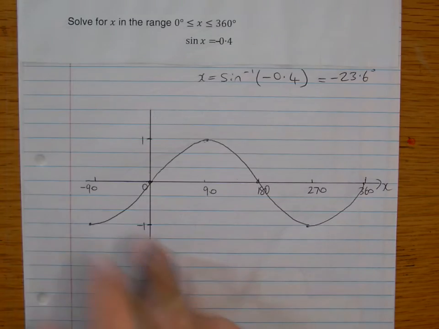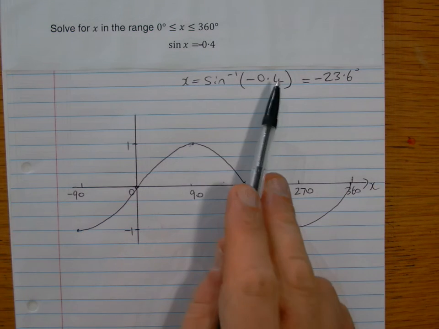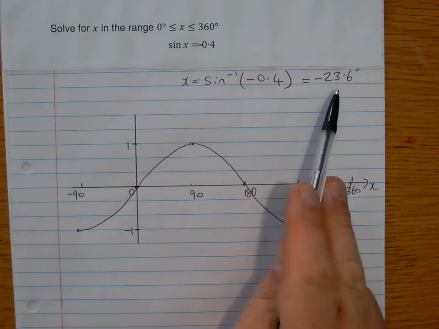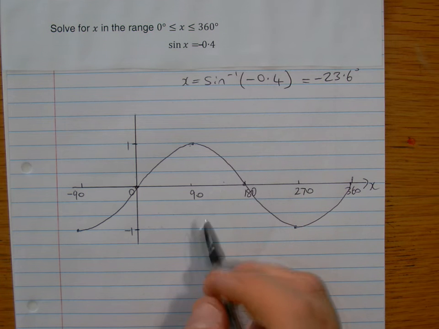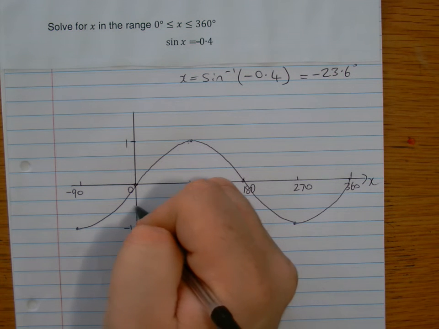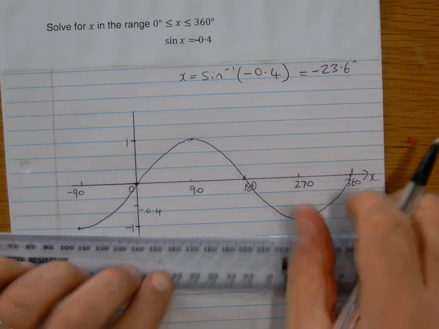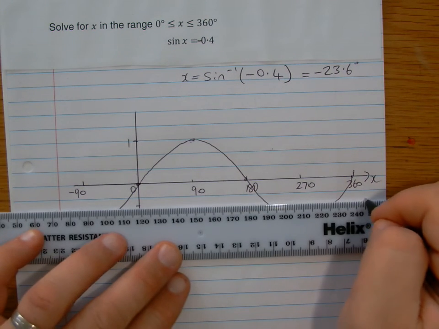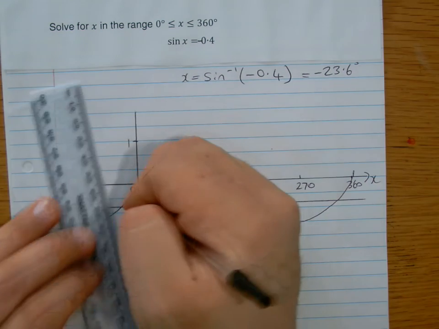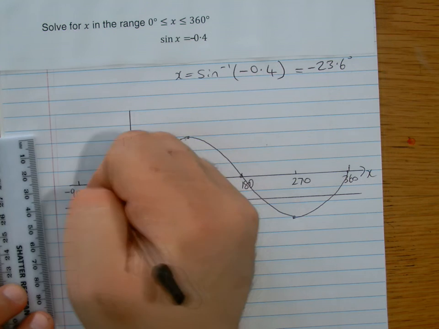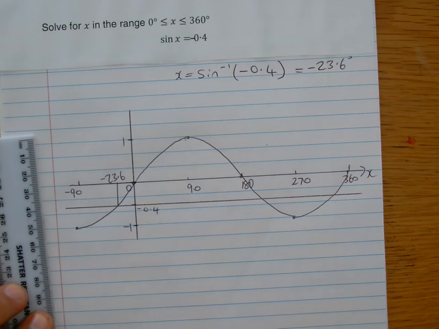Now, the reason why I've included that negative part is because we have minus 0.4 and it comes out to be minus 23.6. So minus 0.4 is maybe about there. If I draw a line through here, you can see it gives me that angle of minus 23.6 there.